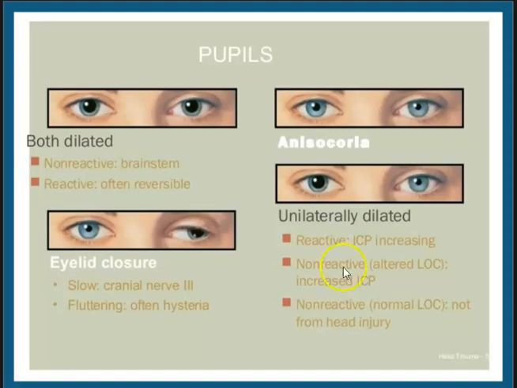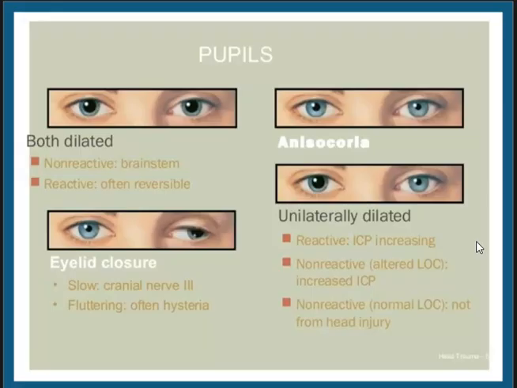Eyelid closure, diplopia. Eyelid closure typically will cause that diplopia. It is something that has to do with cranial nerve 3, which allows you to open up your eyelid. We can see unilaterally dilated. So if it's reactive, we have increased intracranial pressure and it's going up.